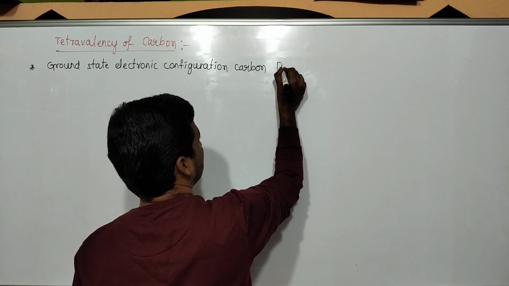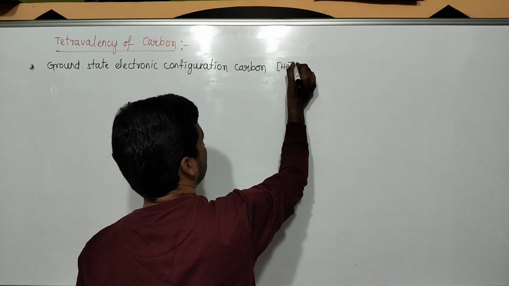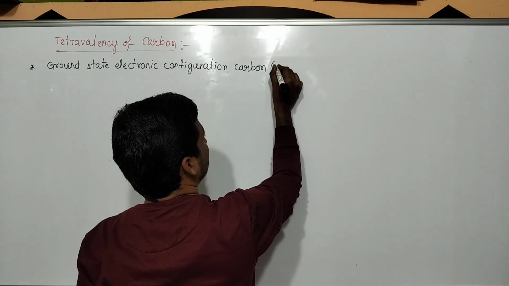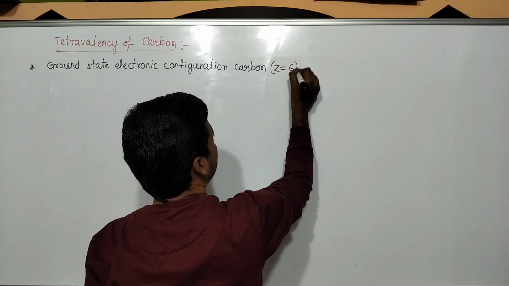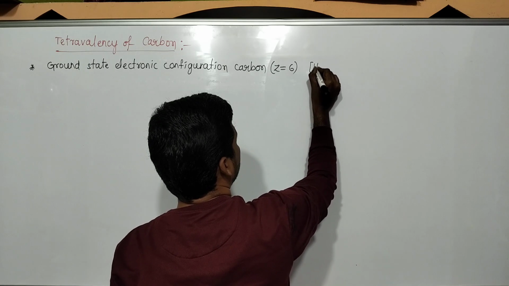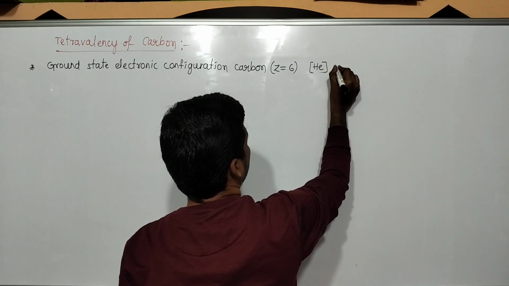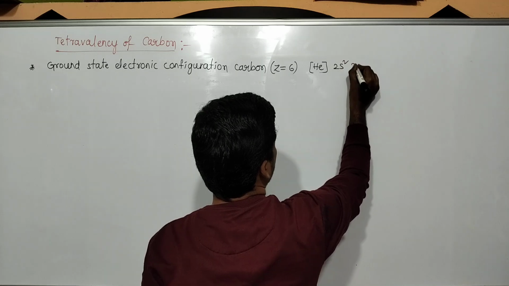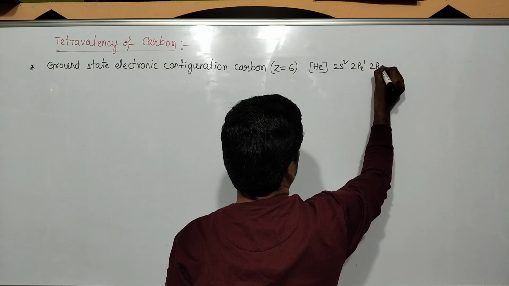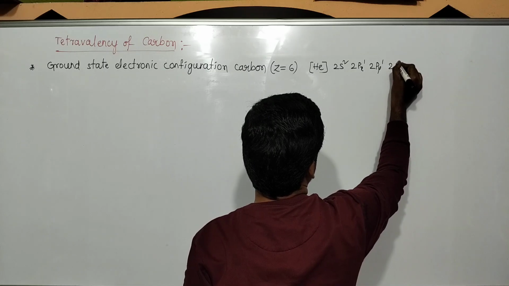After helium, the atomic number of carbon is 6. Atomic number is denoted with Z. So what is the ground state electronic configuration? After helium, 2s2, 2p2. 2p2 means 2px1, 2py1, 2pz0.